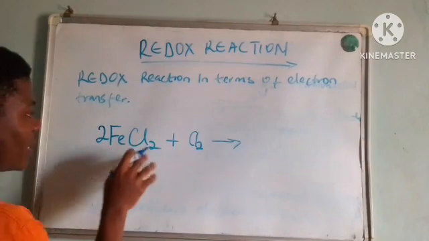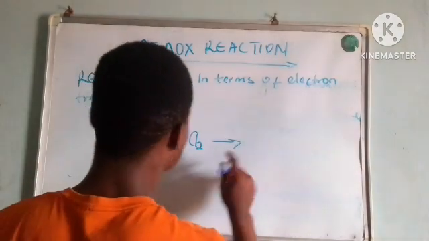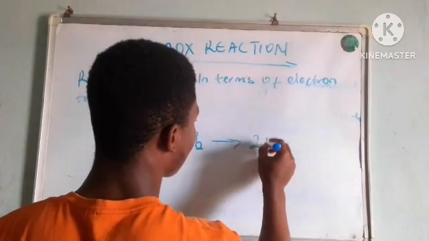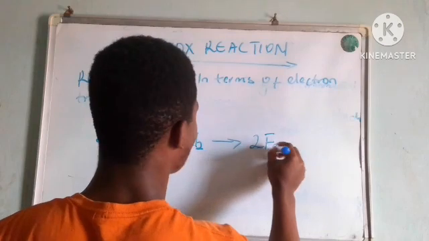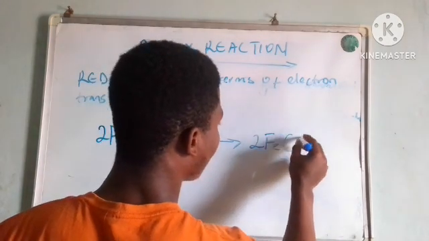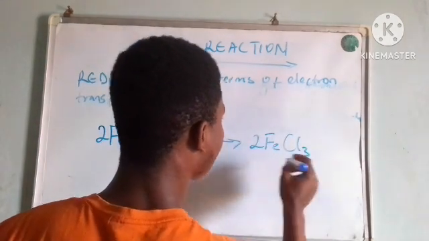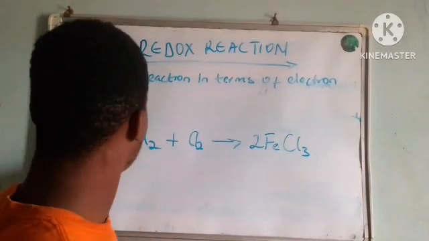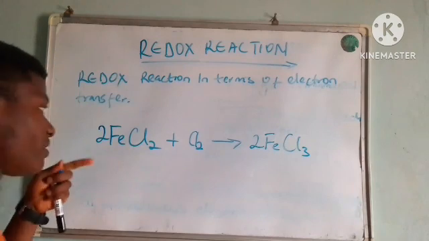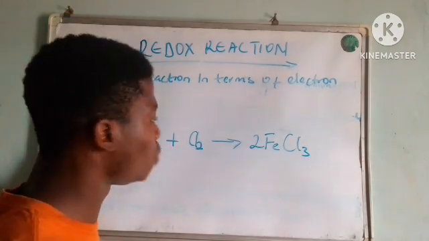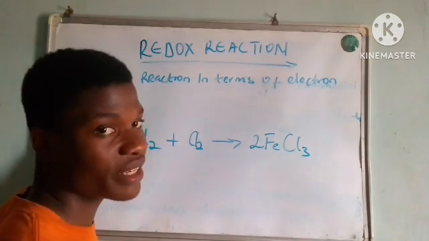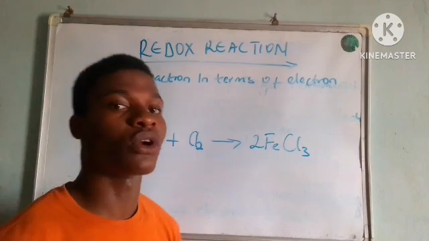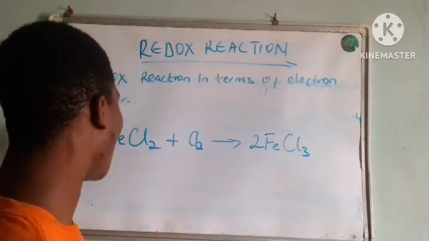So iron 2 chloride reacting with chlorine in order to give us iron 3 chloride. In this reaction, the most significant or fundamental element in which we'll be checking where the transfer in electron occurred is iron.